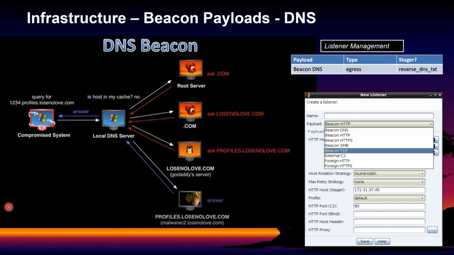Here we have the compromised system. It's very similar to the previous one. The compromised system will query for a specific site. In this case, it will be the Cobalt Strike server domain, which is 123profile.love.com. It will ask the cache or the resolver. In this case, the local DNS, as I said, is the resolver.